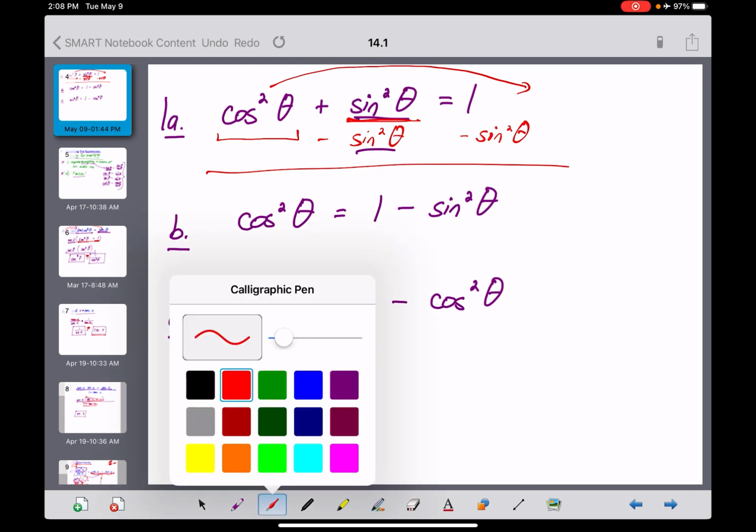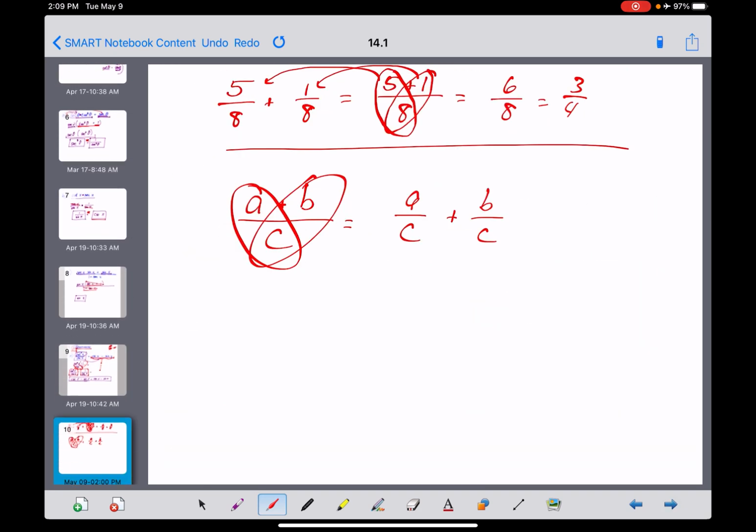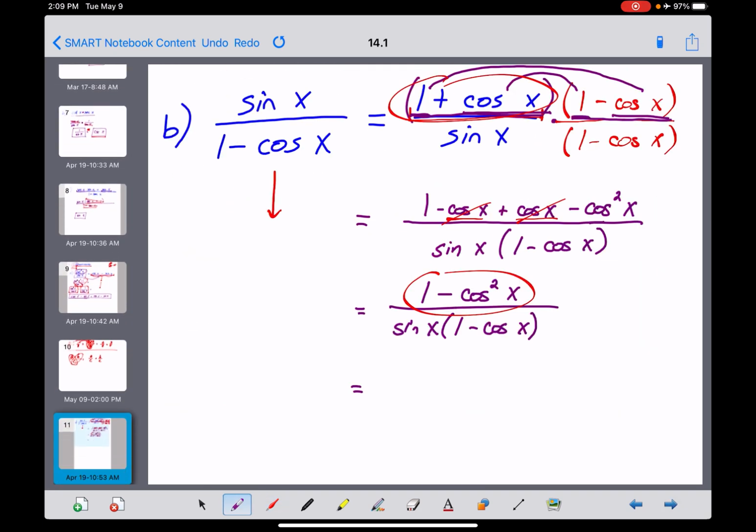There it is. 1 minus cosine squared of theta can be replaced by sine squared of theta. You want to make sure you get the order right, but yeah, that's right. 1 minus cosine squared becomes sine squared. So you got to read those identities in some different ways.